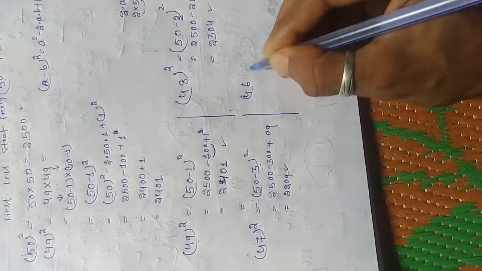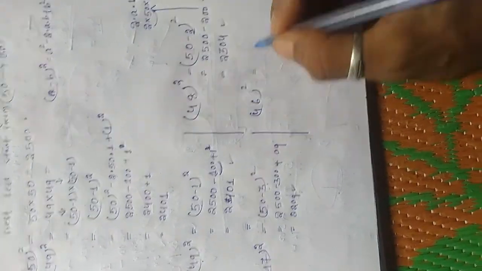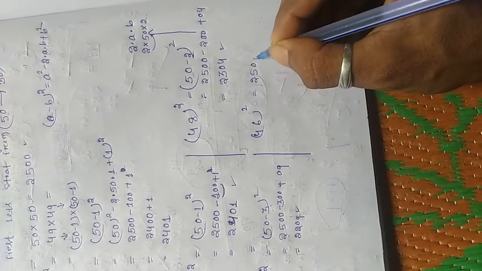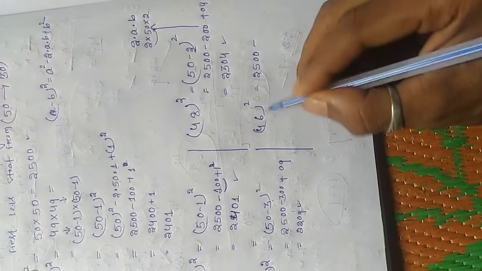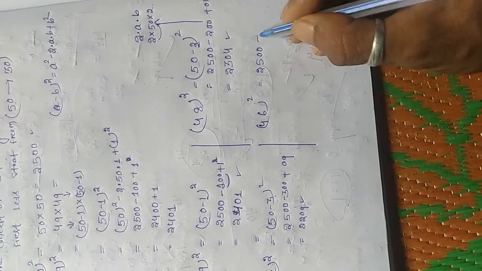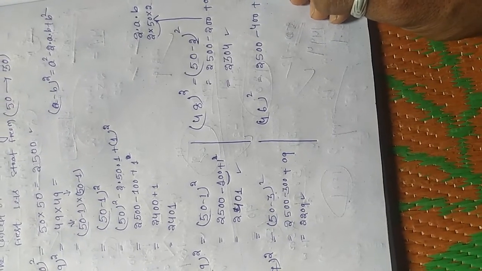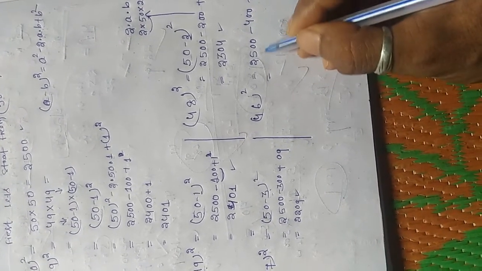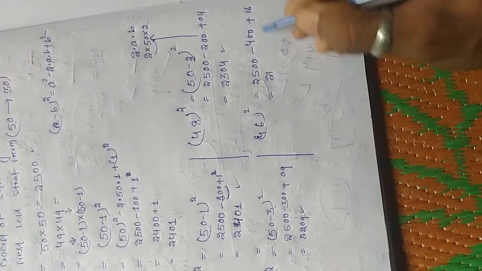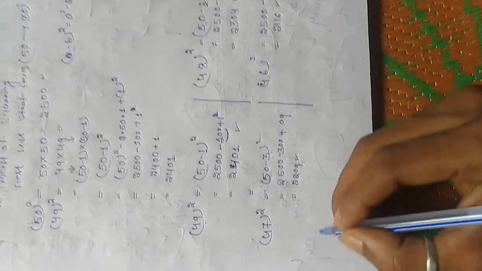Let's do another one. 46 square, we know 46 is equal to 50 minus 4. 50 square is 2500 minus, here it will be 4, 4 means minus 400, plus 4 square is 16. 2500 minus 400 is 2100, plus 16 is 2116. Very quickly, let's do once again 45.